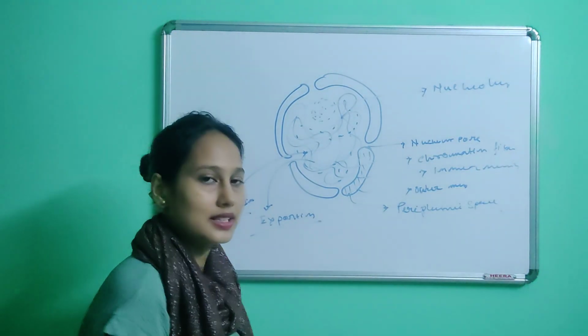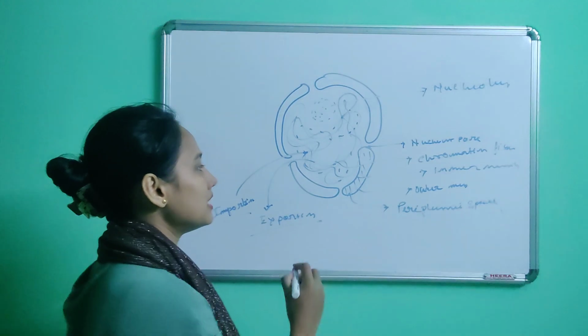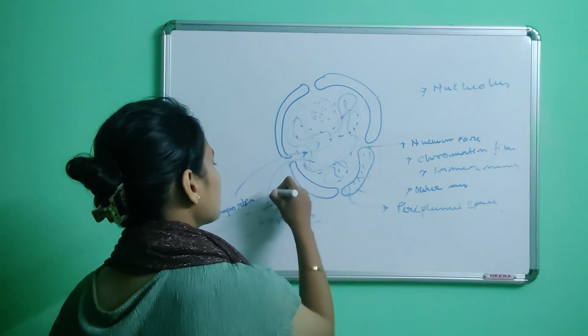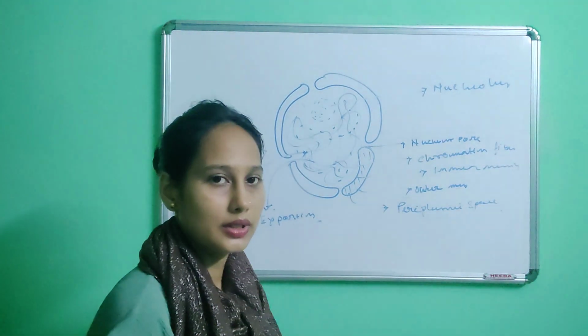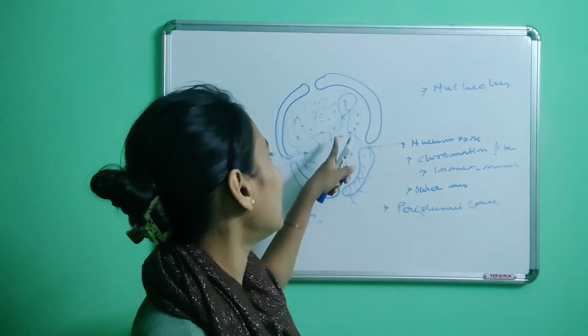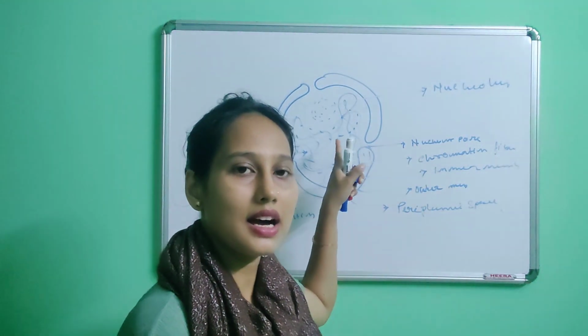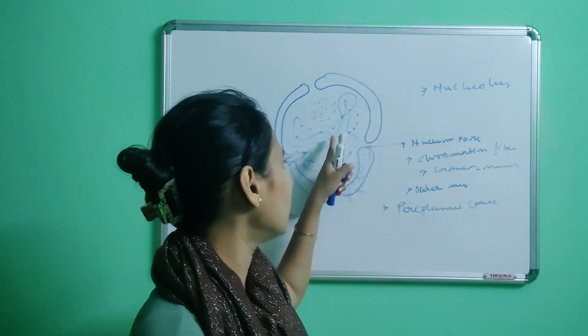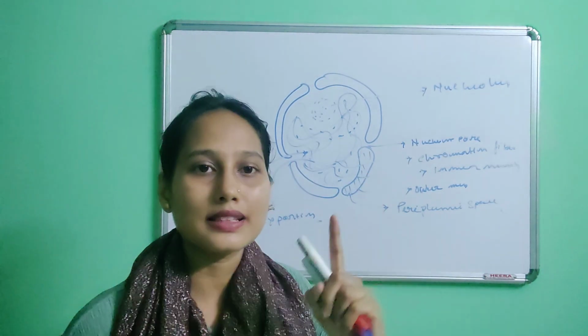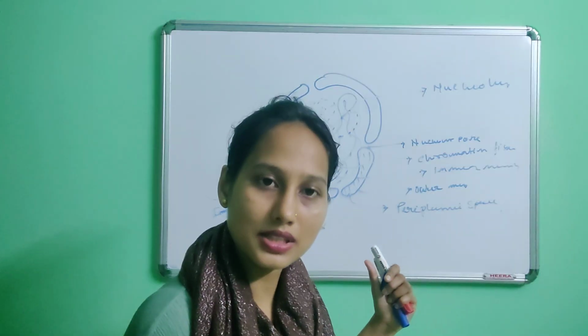So let's understand how molecules enter and exit the nucleus, because DNA is replicated and RNA is transcribed in the nucleus, while translation happens in the cytoplasm.